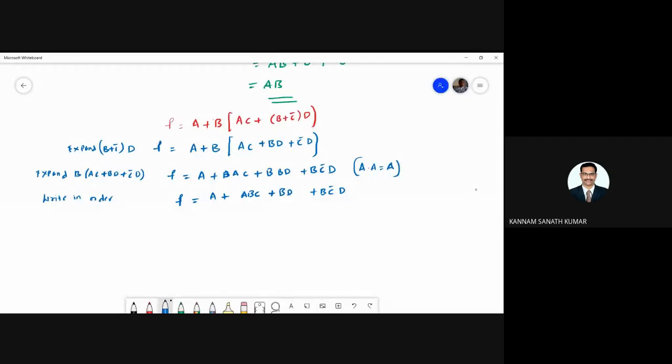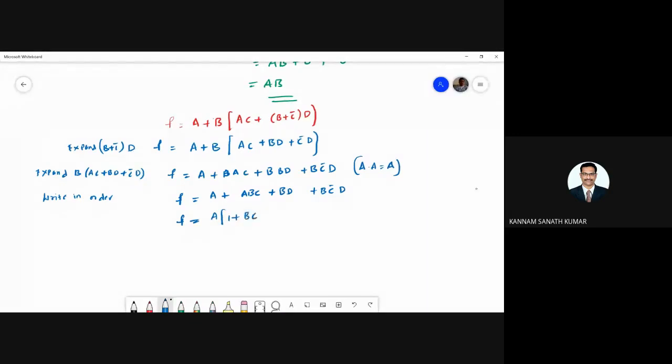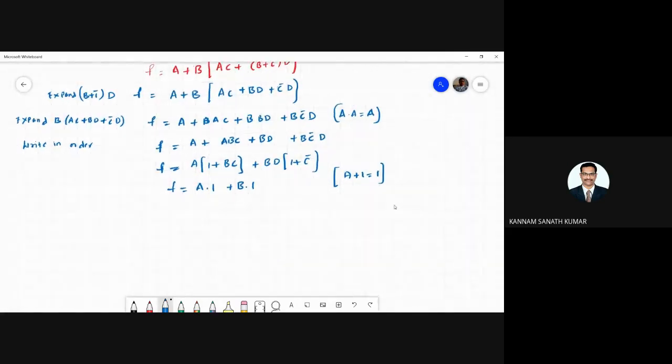Now F equals, from these two you can take A common: 1 plus BC, plus you can take BD common: 1 plus C̄. So F equals A into 1 plus B into 1, why? Because A plus 1 equals the 1 itself. I'm applying the Boolean laws while reducing this Boolean expression.